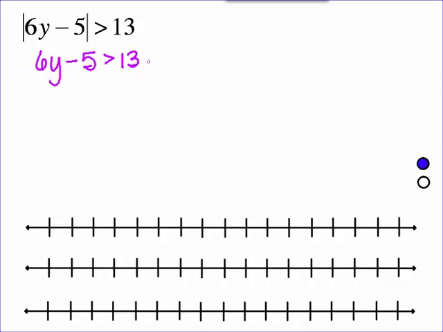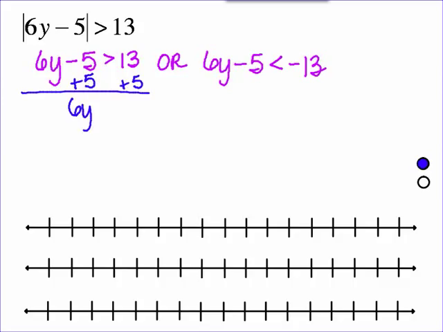What's the connector word? Or, 6y minus 5 is what? Less than negative 13. So I'm going to solve each of those. First thing you're going to do is add 5. So you should get 6y to be greater than 18. Divide by 6, and so you get y to be what? Greater than 3.